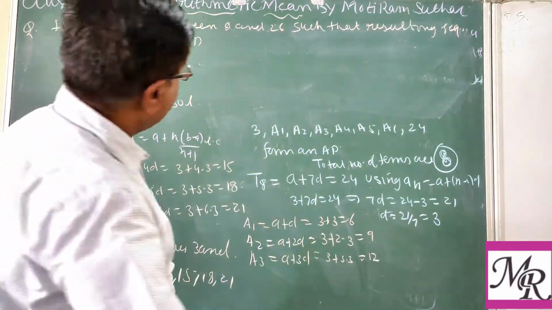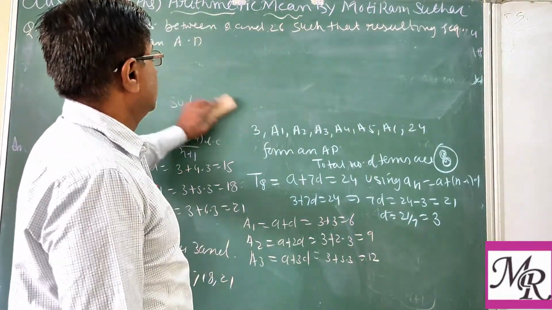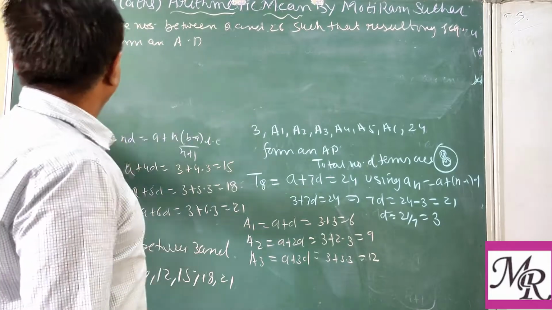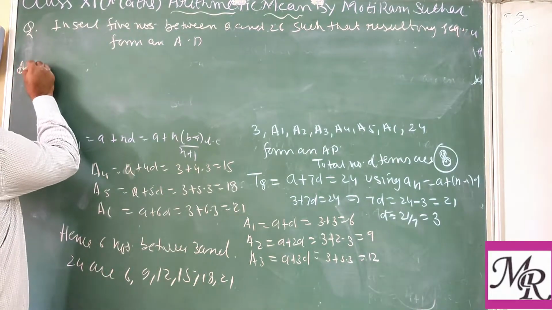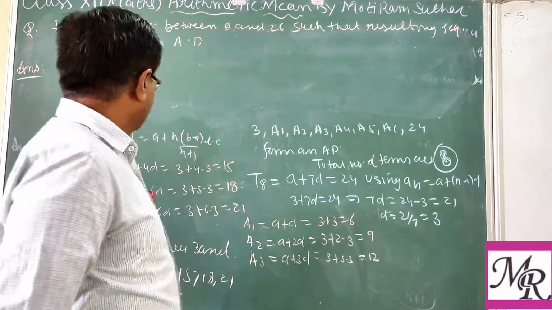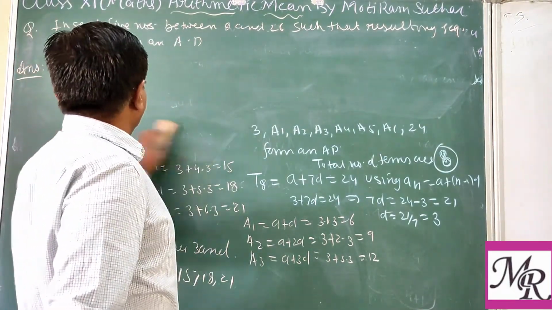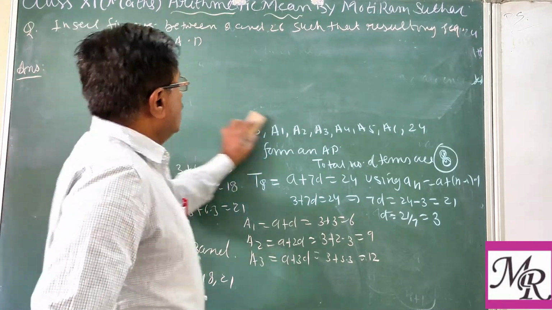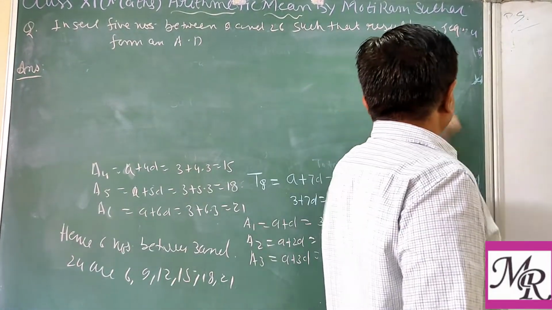So in the solution one may write it similar to the previous one. The question says you have to insert 5 numbers between the given numbers so that it forms an AP.